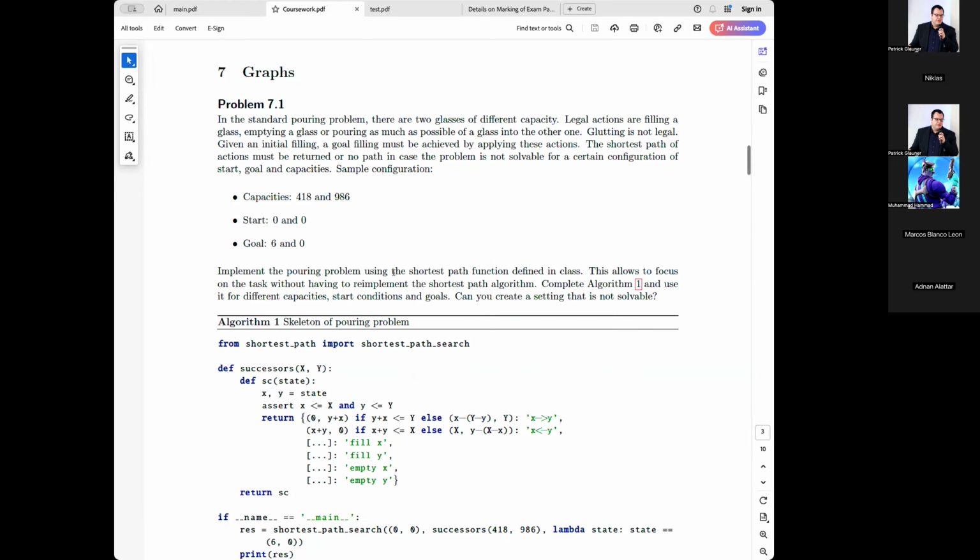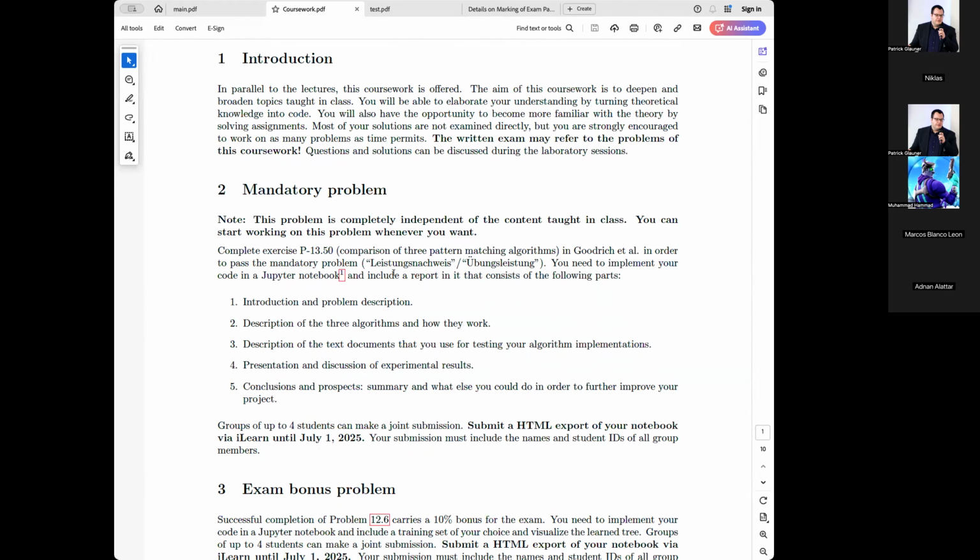And there's one question about the mandatory problem. At what level you can work on this. So if you asked this question, I guess you had not attended the lab session today, in which we did an intro to Python. And I said, once you feel comfortable with Python, you can work on the exercise anytime. So P13.50 is from the Goodrich book.